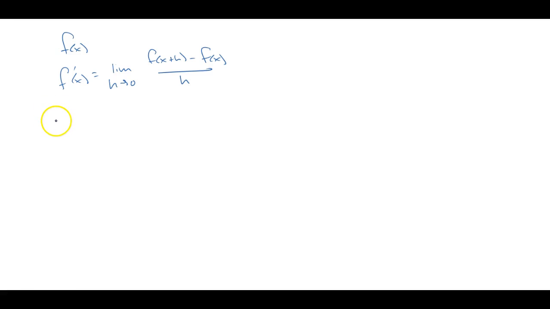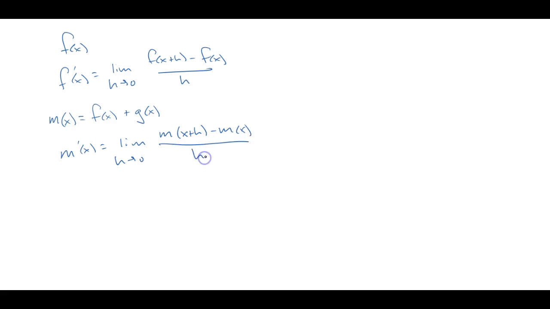Let's make a little change to this. Do a new function. Let's say we have a function m of x, and let's call that a combination of f of x plus g of x. Now, if we want to take the derivative of m of x, m prime of x, that will be equal to the limit as h approaches 0 of m of x plus h minus m of x divided by h.